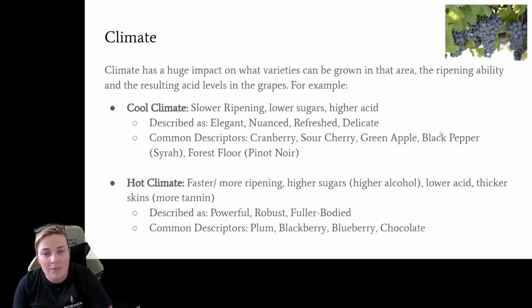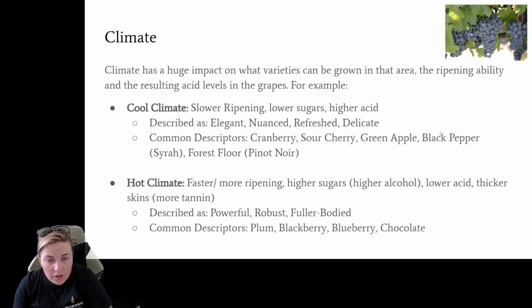These wines can be described as elegant, nuanced, refreshing, and delicate. And common descriptors can be cranberry, sour cherry, green apple, black pepper in Syrah, and then more forest floor in Pinot Noir. For a hot climate, this is faster ripening, right?